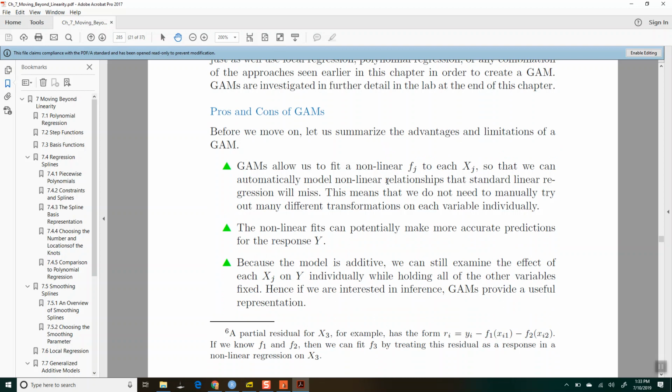And then we add them together to get our generalized additive model. The nice thing about the generalized additive model, or the GAM, is that it still maintains a high degree of interpretability.